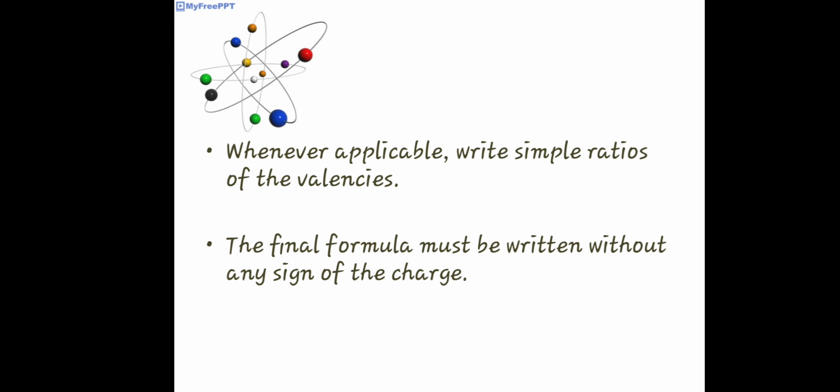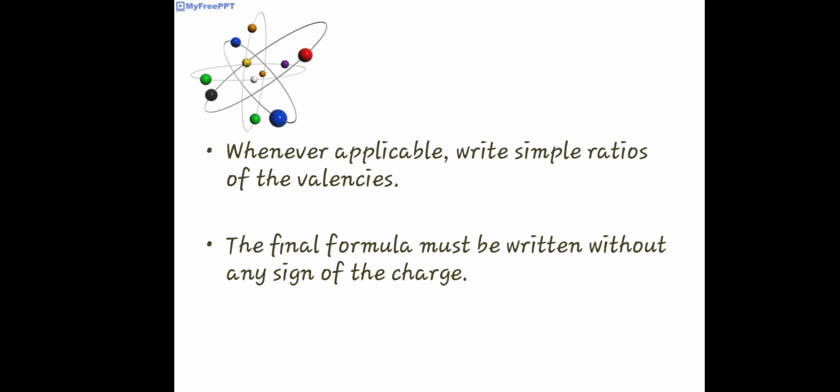You can simplify it: 2 to 1, 4 to 2, right? Whenever you use the ratio, you have to consider that the valence number is a whole number. What are those? We have 4 and 2. When it is 1 and 3, there is no need to put a ratio number.